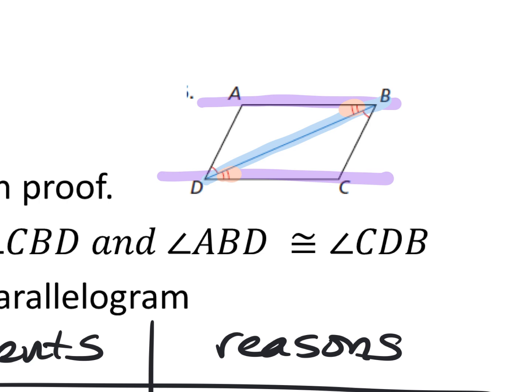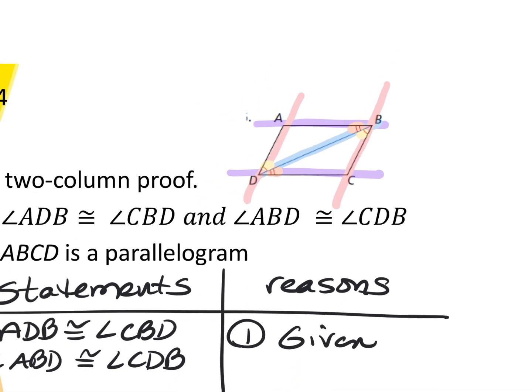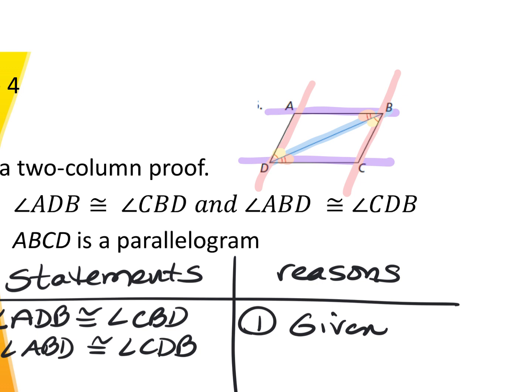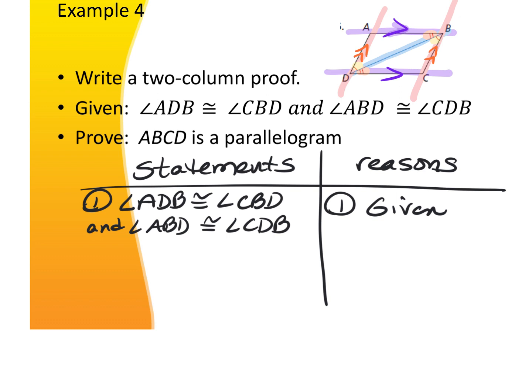And then I can also state that AD is parallel to BC because these are also alternate interior angles right here. So by my alternate interior angles converse, I can show that this side is parallel to this one, and this one is parallel to this one.